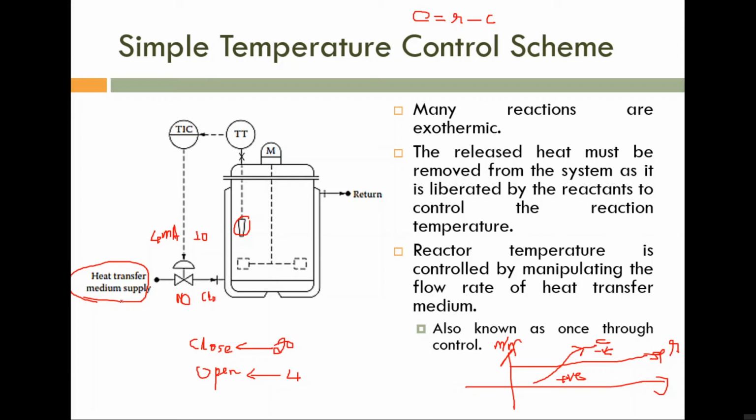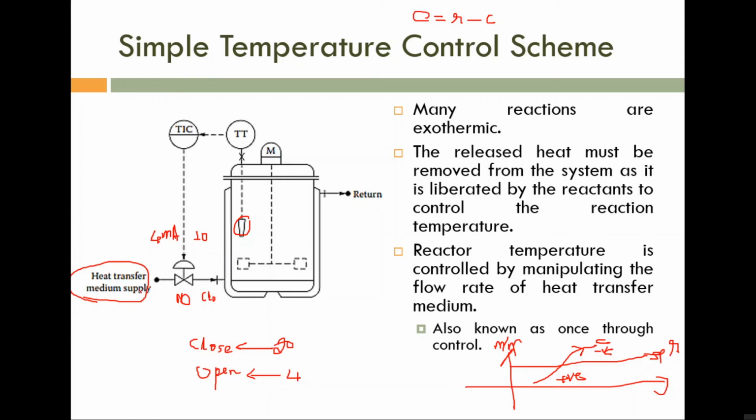Do we need to increase the heat transfer medium, that is the coolant, or decrease it? We need to increase the heat transfer medium, definitely, because the heat energy liberated inside the reactor is large, so we have to remove that much energy. That means we have to increase the flow rate of the coolant, that is the heat transfer medium.